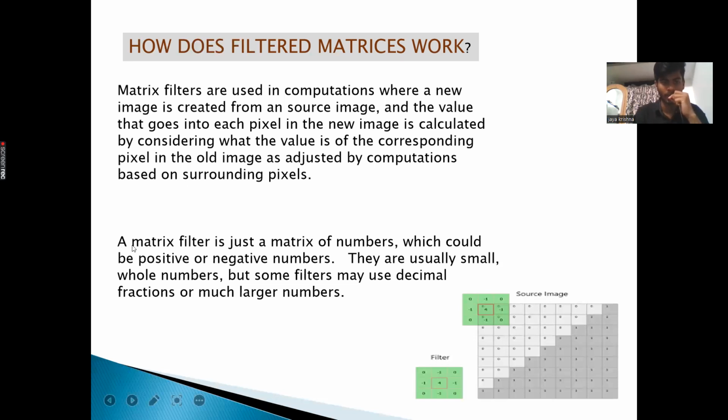Moving to the next paragraph, a matrix filter is just a matrix of numbers, which could be positive or negative. It affects the image.